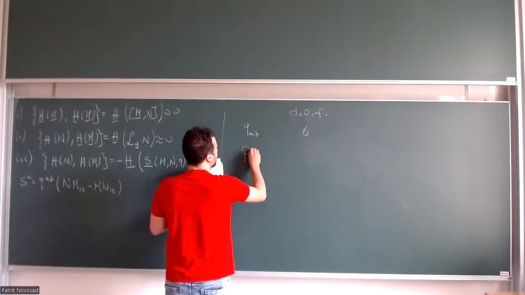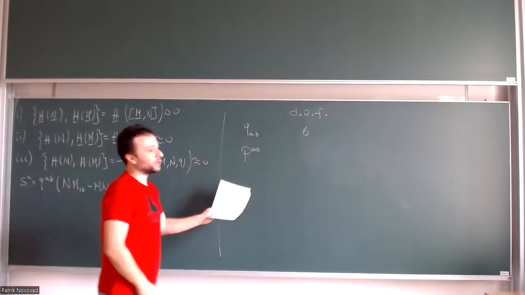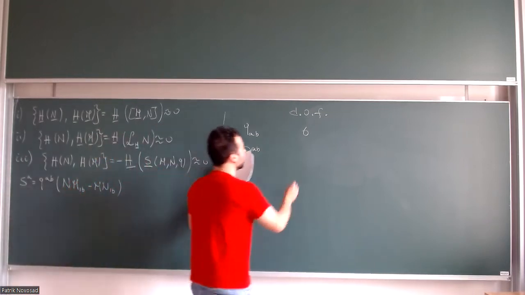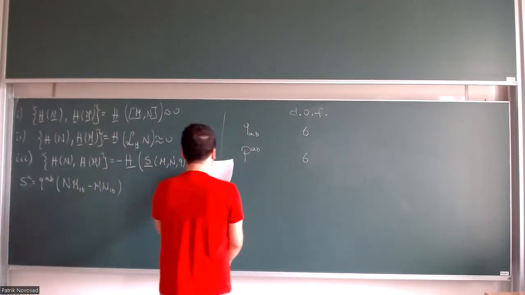We have also p_AB, which is its conjugate, and again this is symmetric, 3 by 3, so again we have 6.